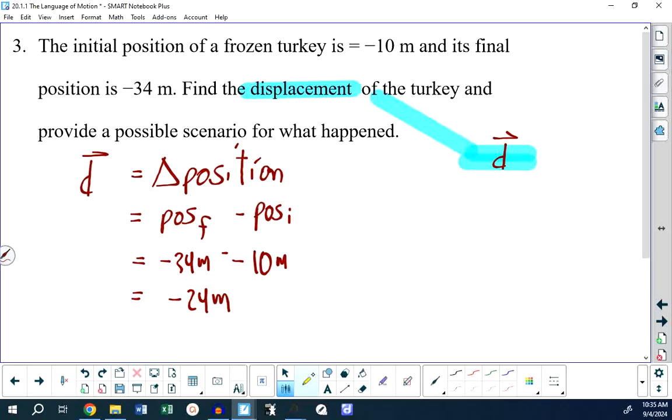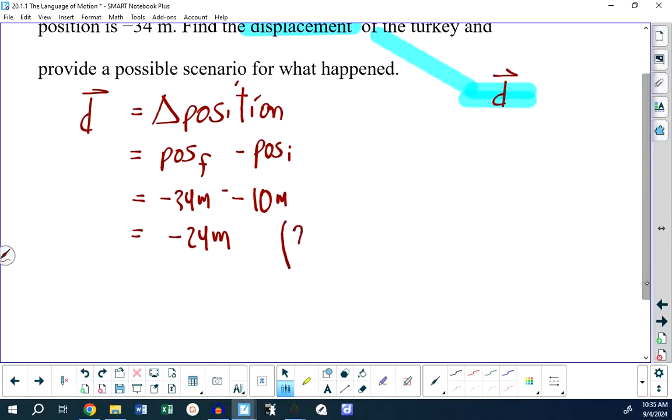Somebody carried the turkey 24 meters to the left. That's what happened. So all I'm asking for is an interpretation of this. It lands 24 meters to the left of where it started. That's not what's important. It's moved 24 meters to the left.